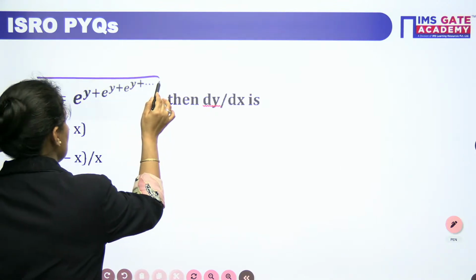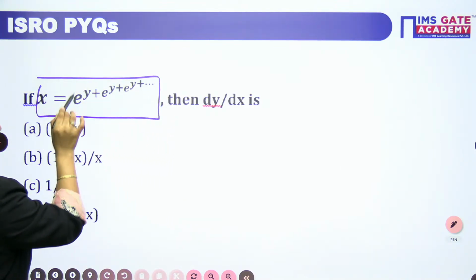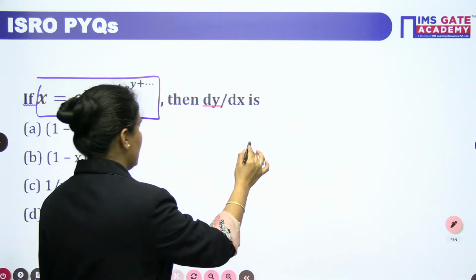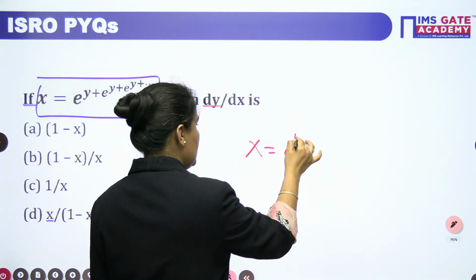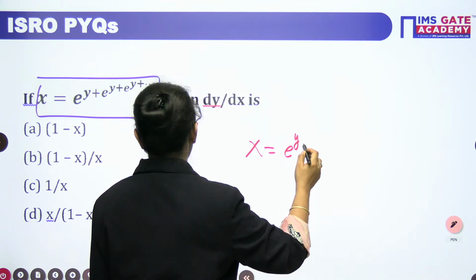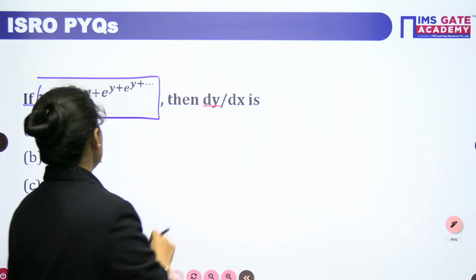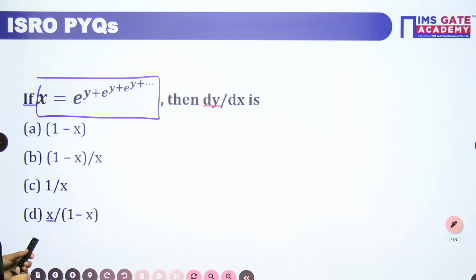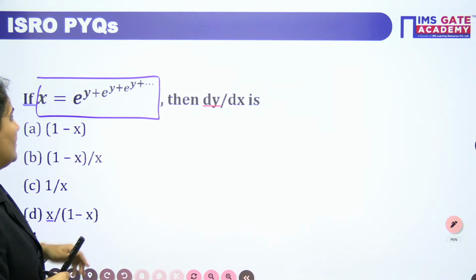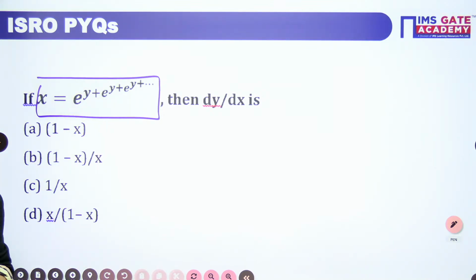If x is equal to e to the power y plus e to the power y, actually the question is like this: x equals e to the power y plus e to the power y plus e power y, and so on.